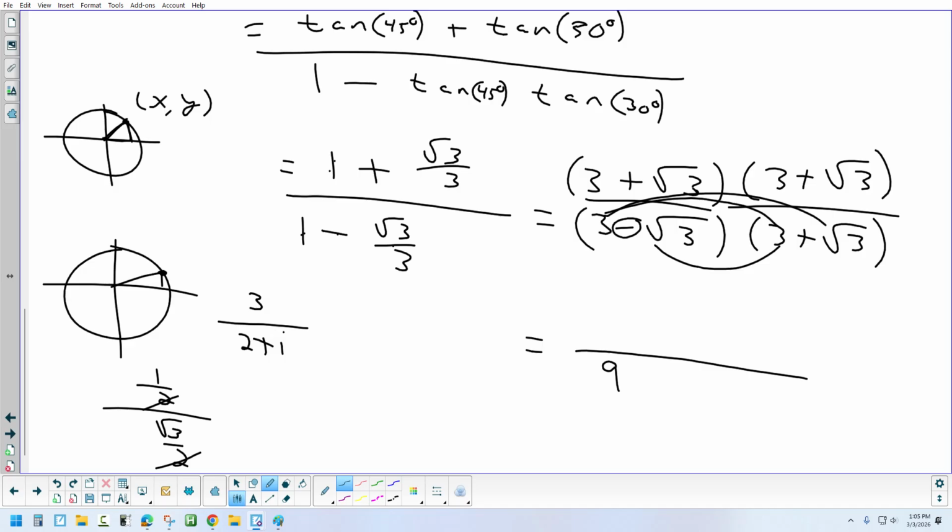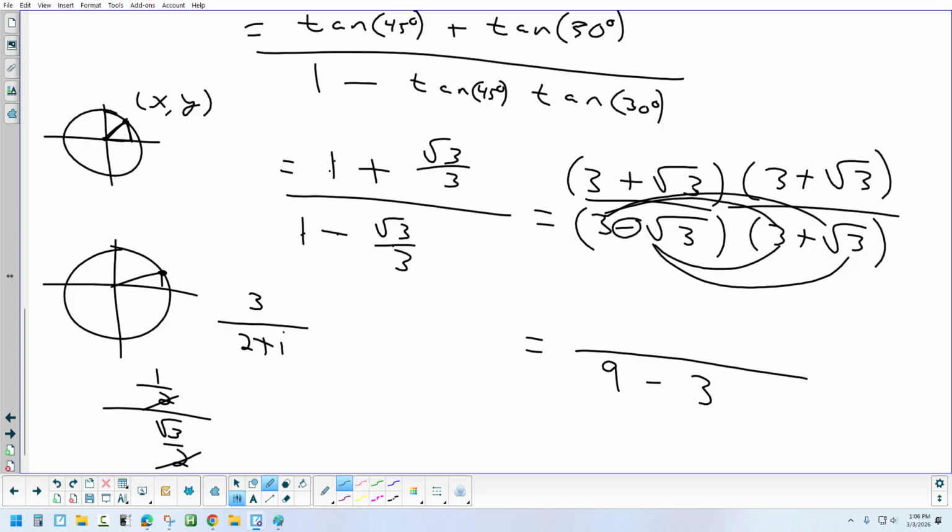Yep. Negative 3 root 3. And what happens when you combine a 3 root 3 with a negative 3 root 3? They cancel. They're gone. So we don't have to worry about the outer or the inner. What's negative root 3 times root 3? Well, it's a negative times a positive, so negative 3.